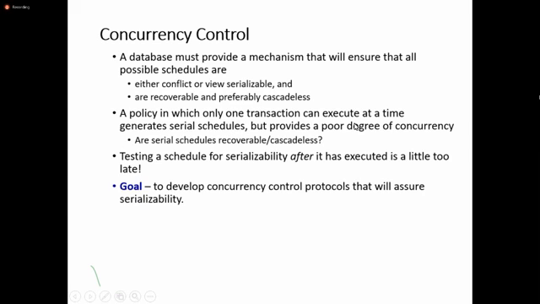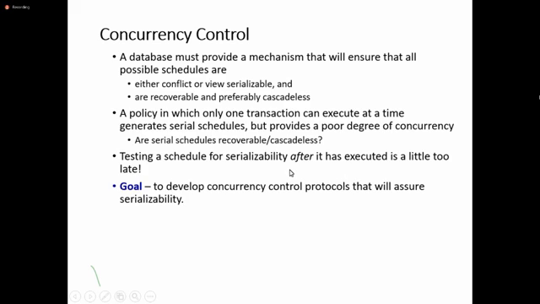A policy in which only one transaction can execute at a time generates a serial schedule, but provides a poor degree of concurrency. If you have a bad schedule, then it is unable to recover your transaction either.